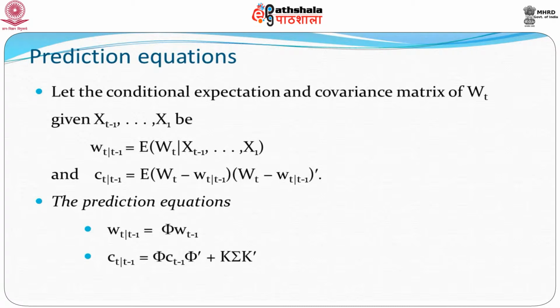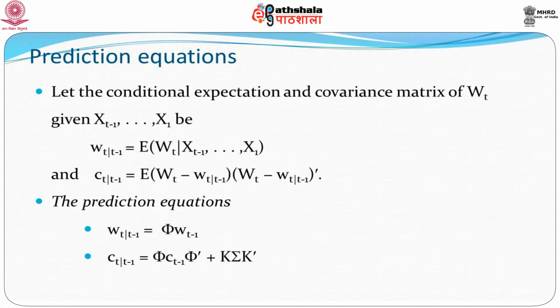Why is this so? What is W t given t minus 1? It is the expectation of W t given the past. But if x t minus 1 is given, then we can assume that phi of W t minus 1 is given.